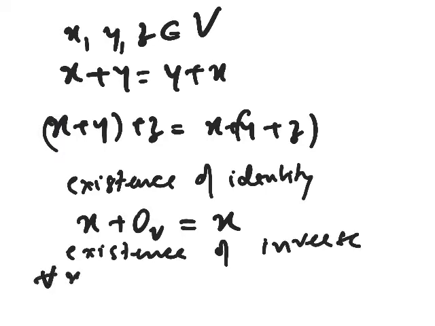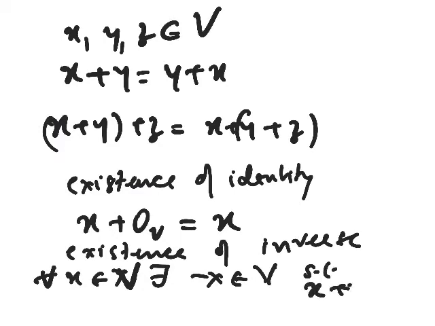So for every x element of V, there exists minus x element of V, such that x plus minus x is the 0 vector. There exists an inverse for every vector. So these are the four properties with respect to vector addition.